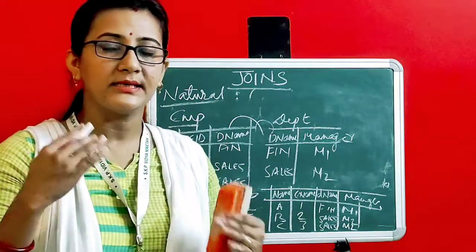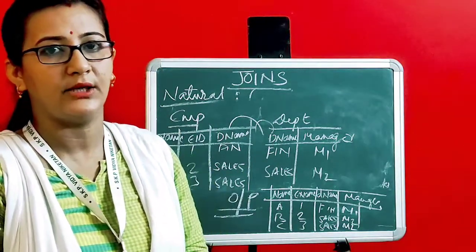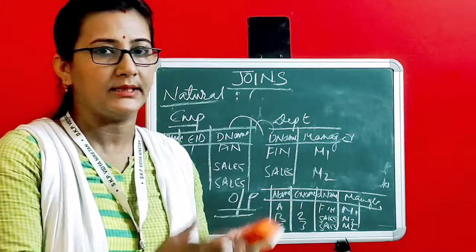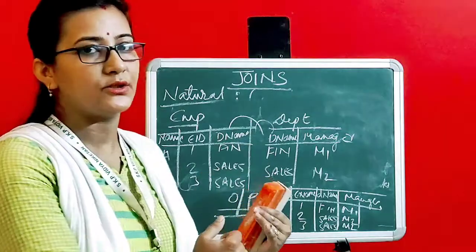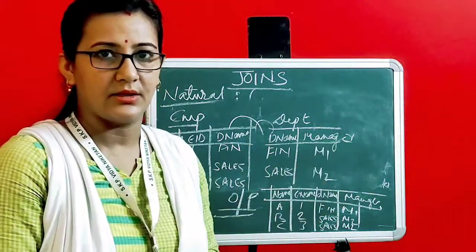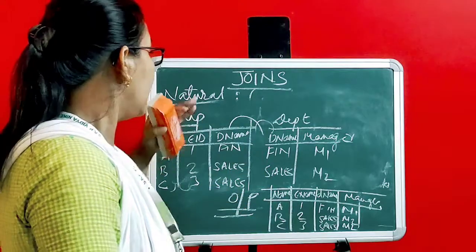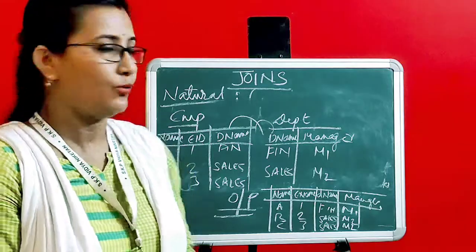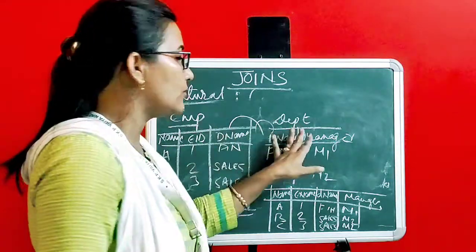Now one question, what is the difference between natural join and equi-join? Equi-join performs with equality, whereas in natural join there is no explicit equality. Equi-join does not remove the identical column.